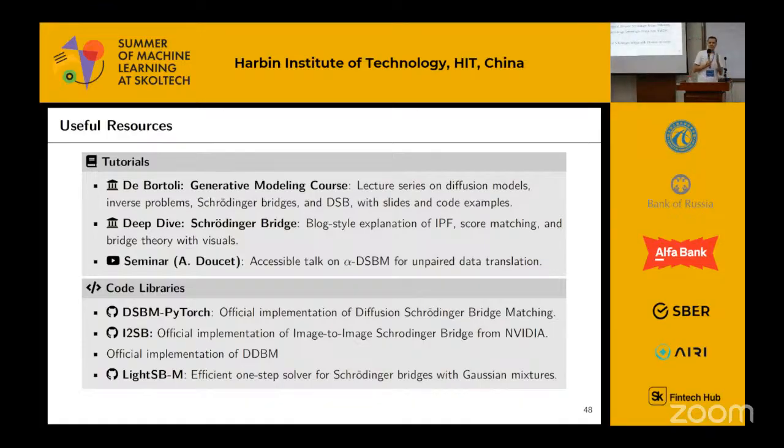Well, sometimes indeed you can get a small amount of paired data, but the problem is that it is hard to design a loss function which will be able to train a model on both paired and unpaired data. If we talk about paired data, we train a conditional model, but you cannot use unpaired data in this case.